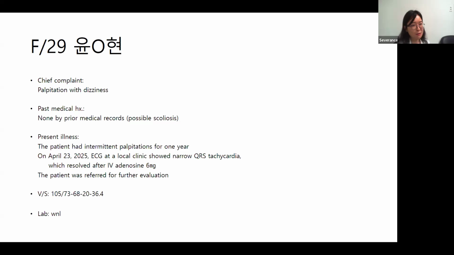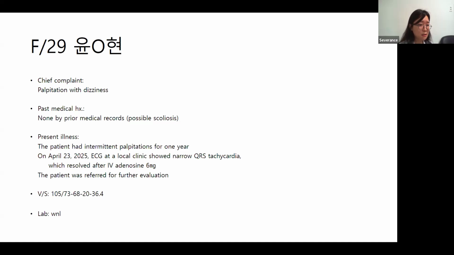This is the brief history. The chief complaint was palpitation with dizziness. Past medical history was unknown by prior medical records, but it looks like she had scoliosis and an operation. The patient had intermittent palpitation for 1 week.